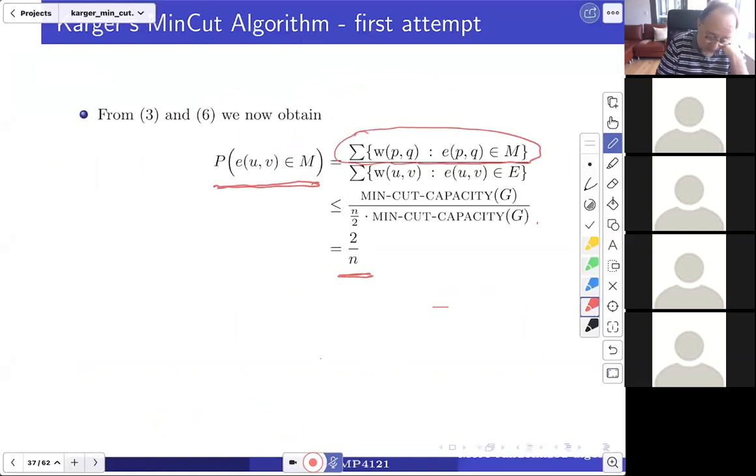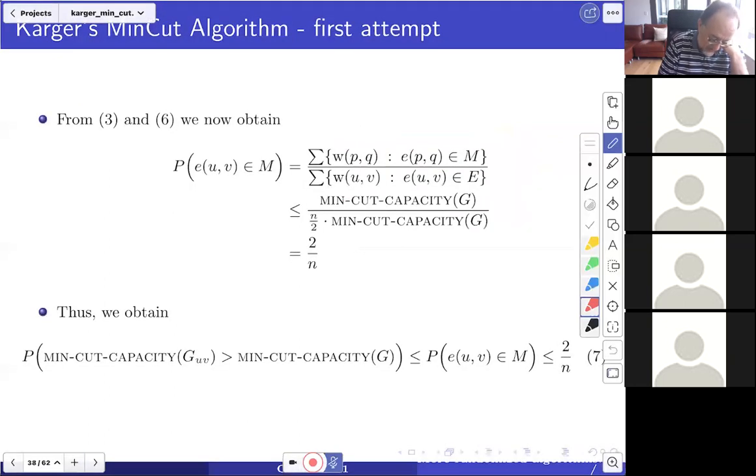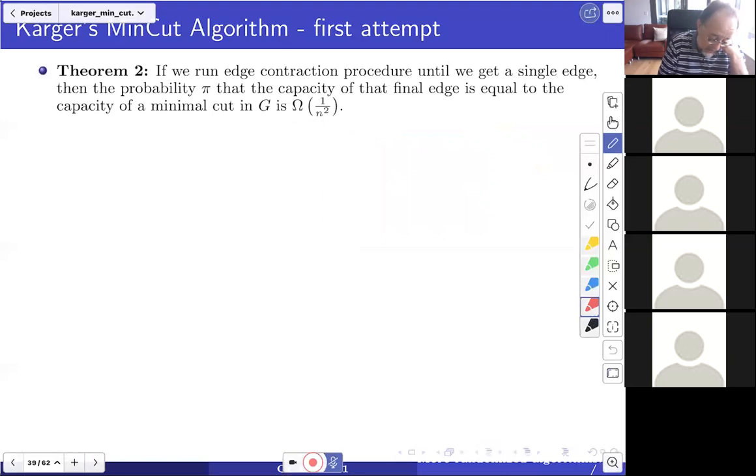So if we continue this process, we have to estimate the probability to end up with a correct min cut.